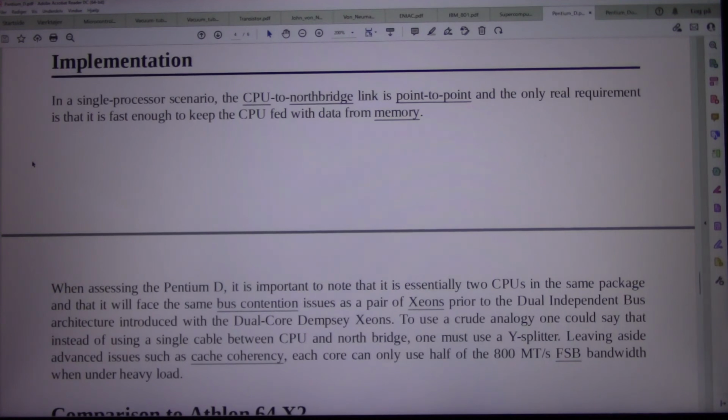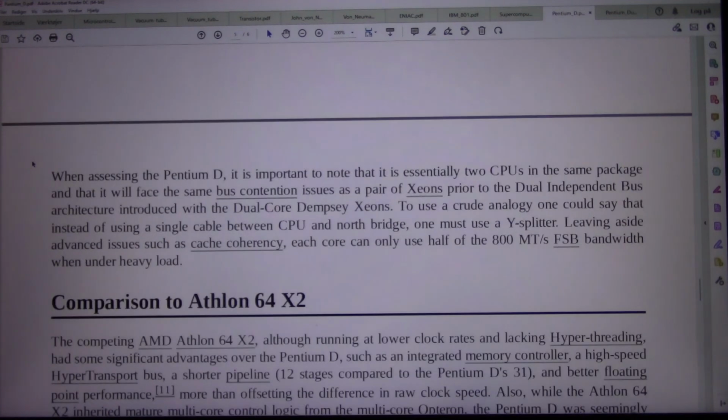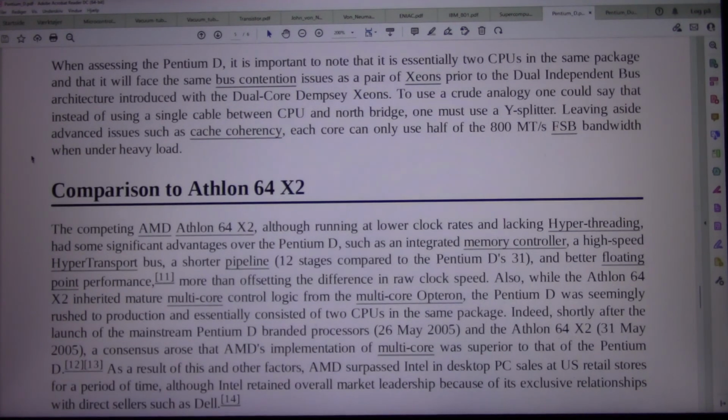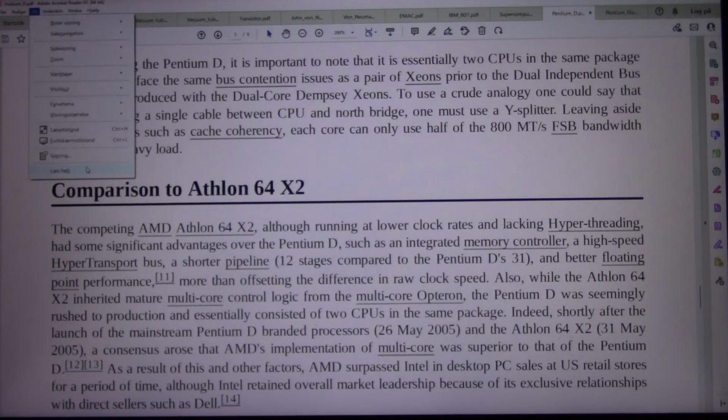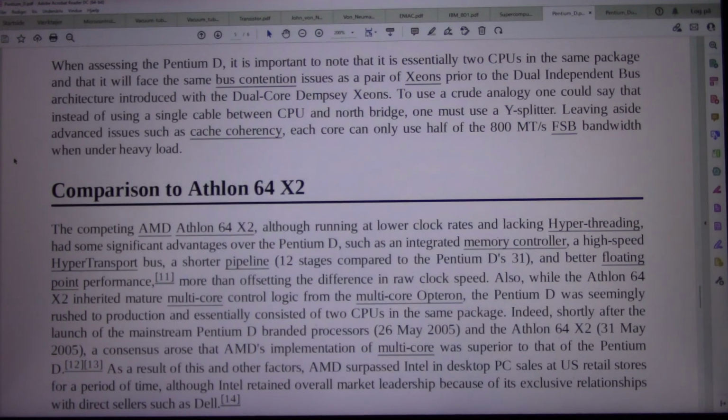When assessing the Pentium D, it is important to note that it is essentially two CPUs in the same package, and that it will face the same bus contention issues as a pair of Xeons prior to the dual independent bus architecture introduced with the dual-core Dempsey Xeons.